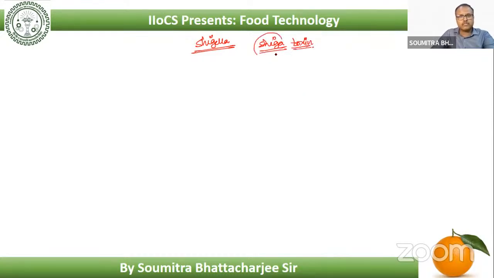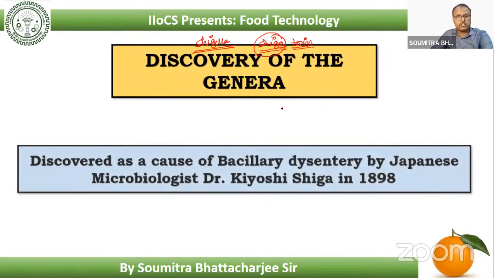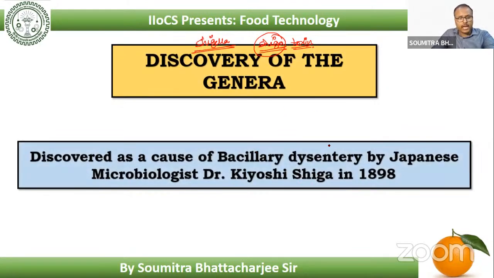The word Shiga was named after a Japanese scientist who first discovered Shigella, Dr. Kiyoshi Shiga, who first discovered the main cause behind bacillary dysentery, and that is Shigella itself.